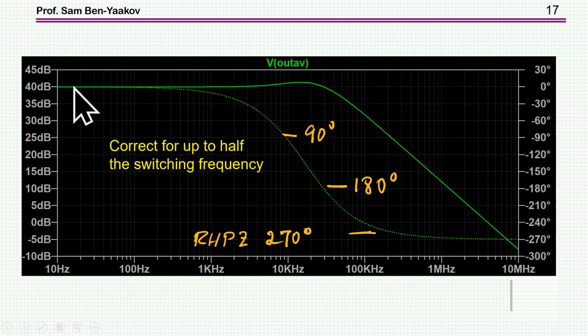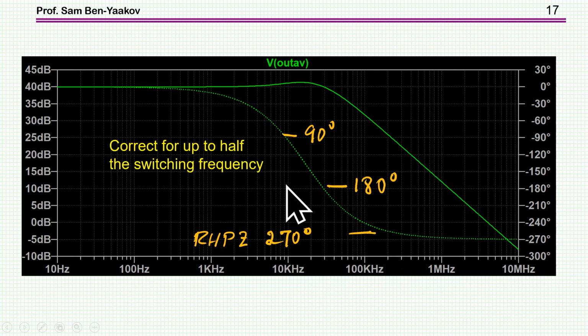Very typically, we see the gain, the solid line, and then we see the phase. Being a double pole second order system, we have a 180-degree lag, and then due to the right half plane 0, we have another lag of 90 degrees, so it comes out to be minus 270.